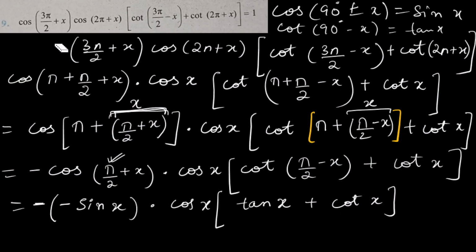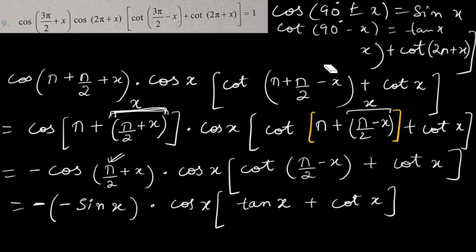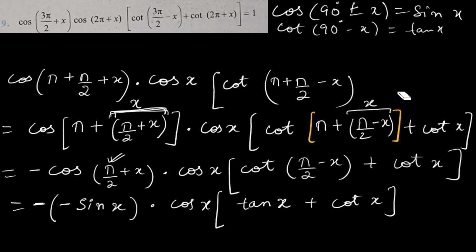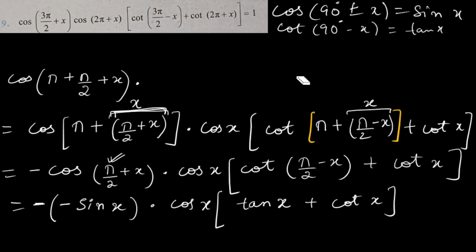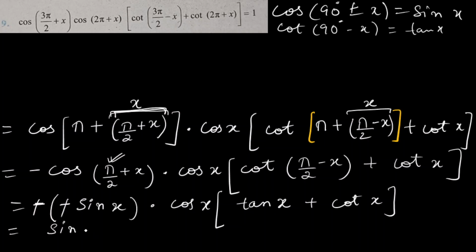So I hope this is clear. You have to be very careful regarding positives and negatives. Always you should remember which trigonometric function is negative in which quadrant. So this minus and minus will get cancelled. So here I'll just write sine x into cos x, bracket tan x plus cot x.